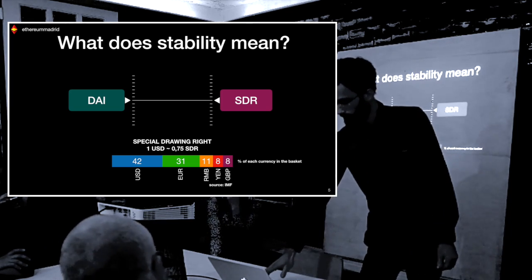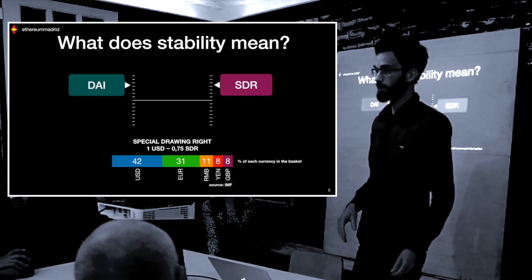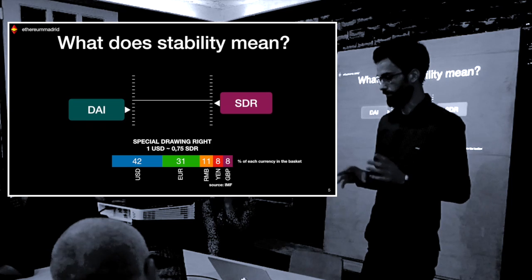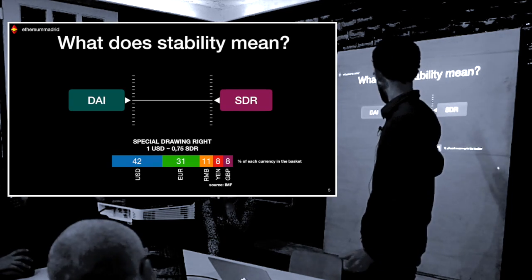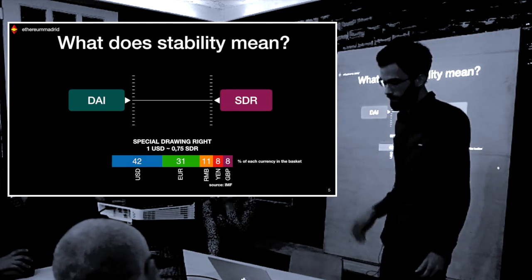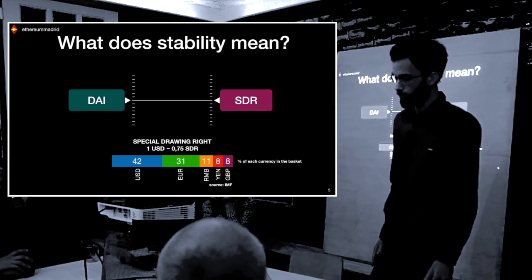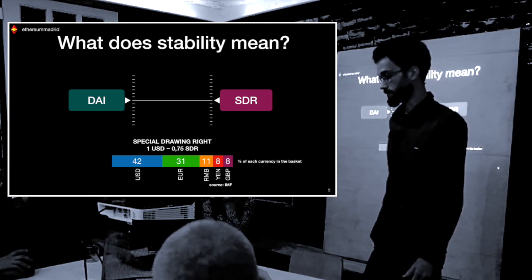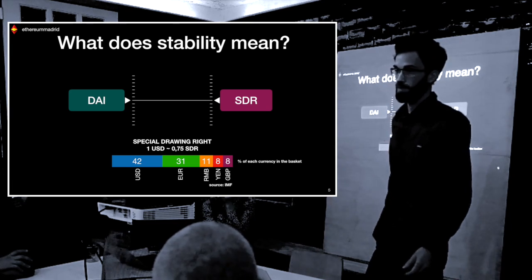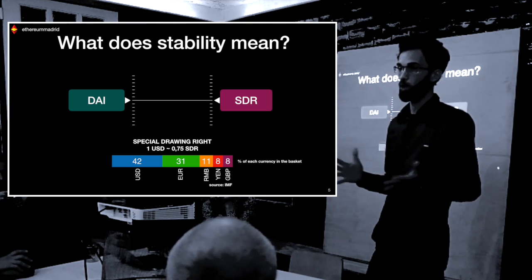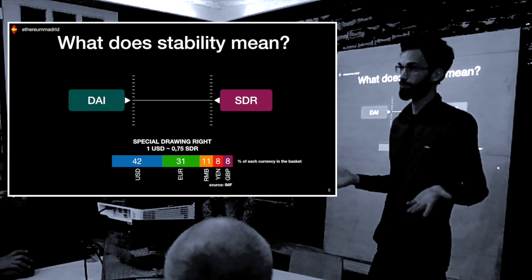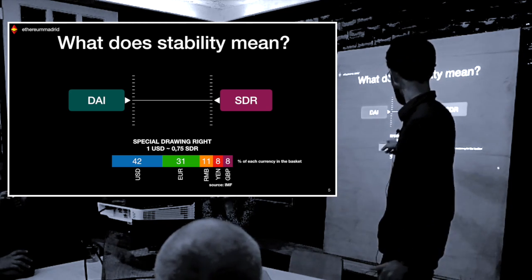Stability, what does it mean? So stability in the Maker ecosystem has everything to do with what is called SDR. SDR is an acronym for Special Drawing Rights. It's something created by the IMF, the International Monetary Fund, that is supposedly representing the global economy. So it's a basket of 5 different currencies, as you can see down here.